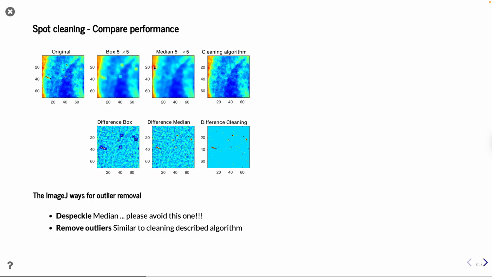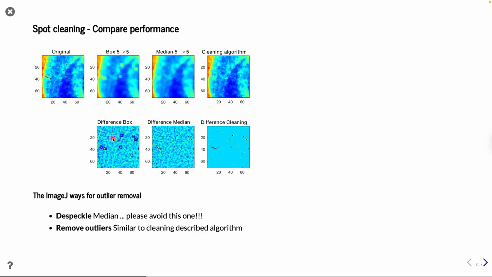And if we compare these, we have the original with spots in different places. And if we apply the box filter, you can probably see directly that first, the image is very blurred. And second, as a little bonus, you get really big blobs where the spots were.